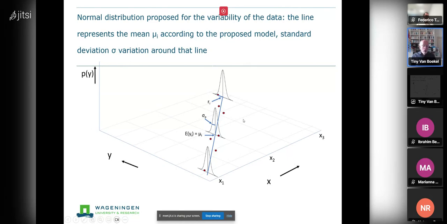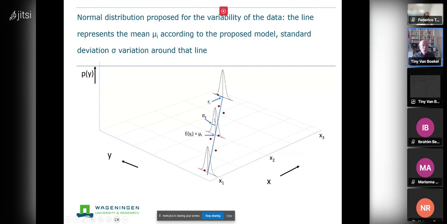Now, there are some concepts that I'd like you to think about. The line that we see here is the expected value or the mean for each value y at a value x. That's the model. And we call that the expected value or the mean.